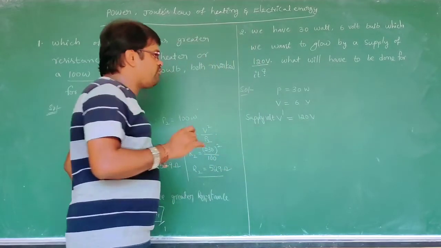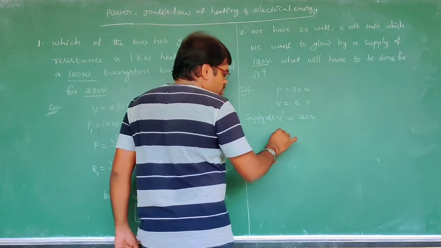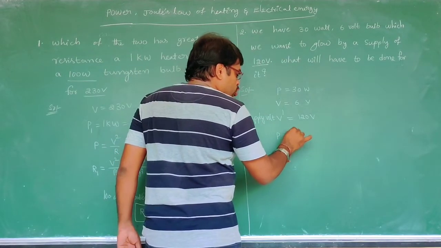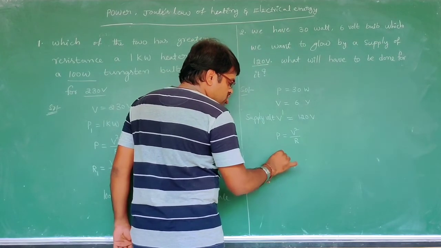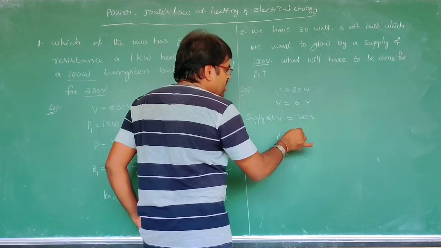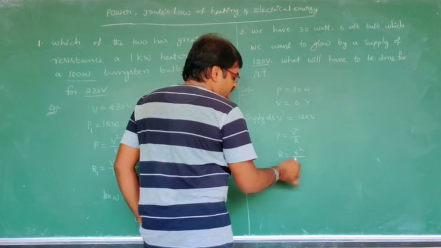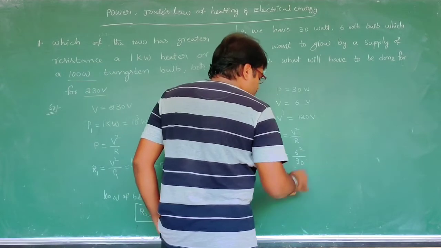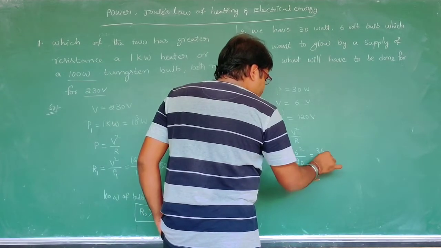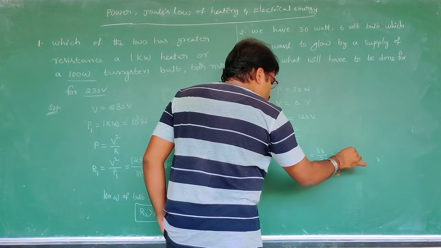Now first we find the resistance. We know P is equal to V square by R, then R is equal to 6 square by P, P is 30. Then 36 by 30, we get 1.2 ohm.